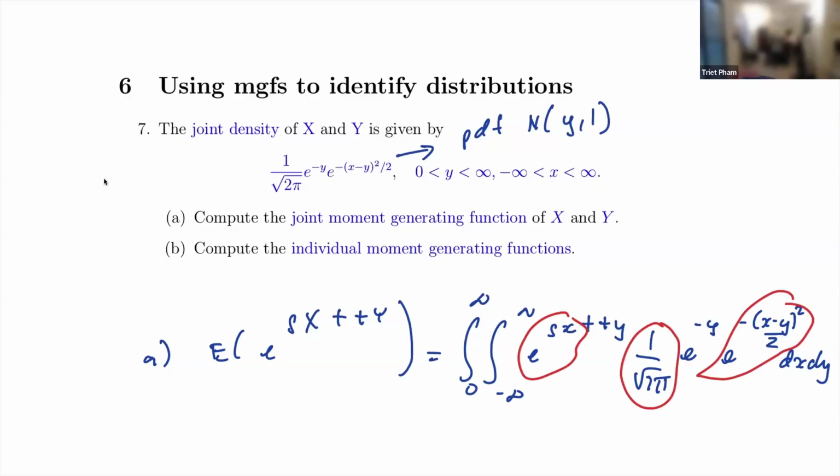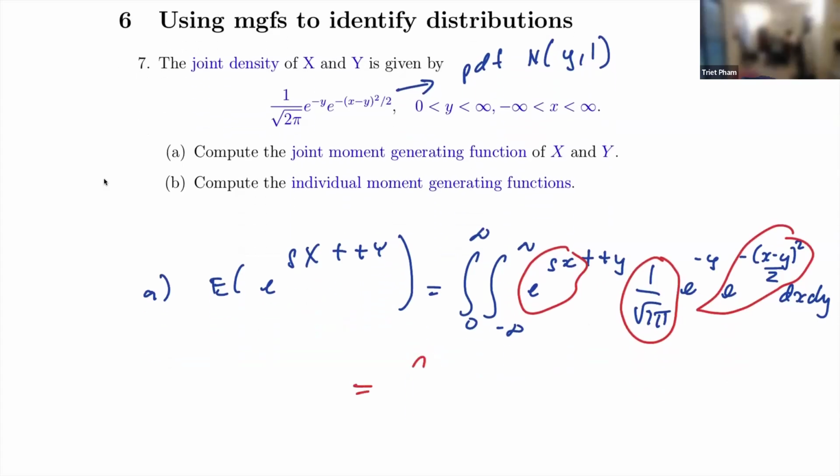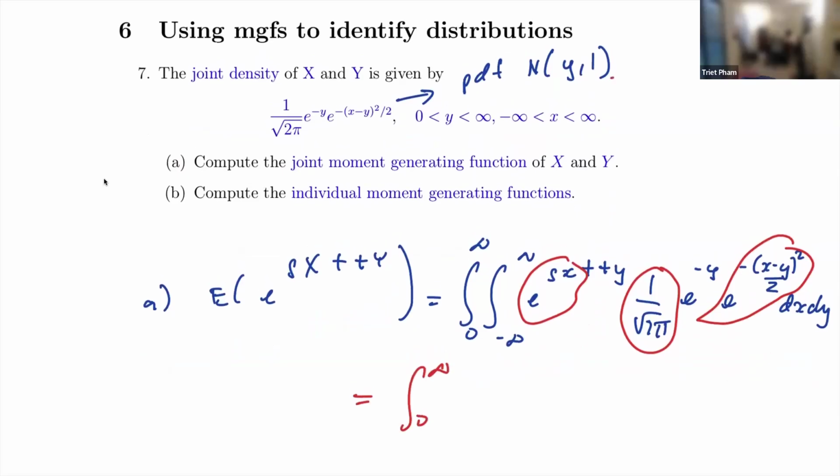The answer will be the moment-generating function of this random variable evaluated at s, which is e to the s mu plus 1/2 s squared sigma squared. Sigma squared is 1, so it's just s squared. And then, of course, integrate with e to ty dy. Sorry, there's an e to minus y.